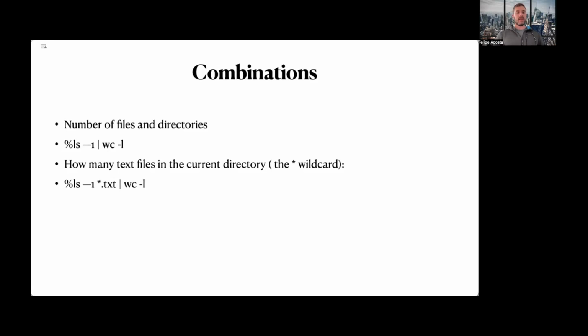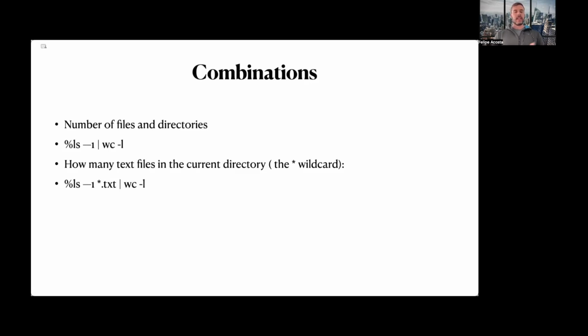Combinations, basically a number of files and directories. You can do something like ls -1 and pipe that into wc -l to count how many text files are in the current directory, and that is using the star wildcard.